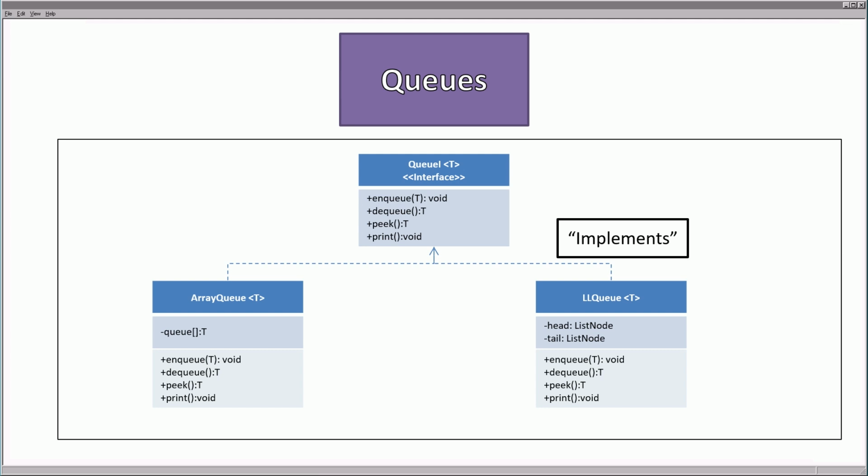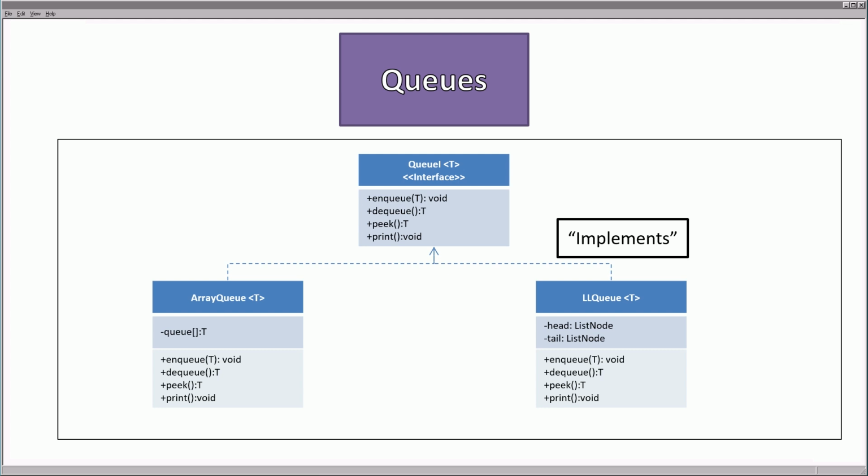Now, before we get to implementing the code for writing a queue, we have to take this into consideration. As we just described, a queue can be implemented in multiple different ways. A queue could be implemented as an array, or as a linked list. But even further than that, a queue can be implemented as a shifting array, a circular array, a singly linked list, a doubly linked list, a singly circular linked list, or a circular doubly linked list.